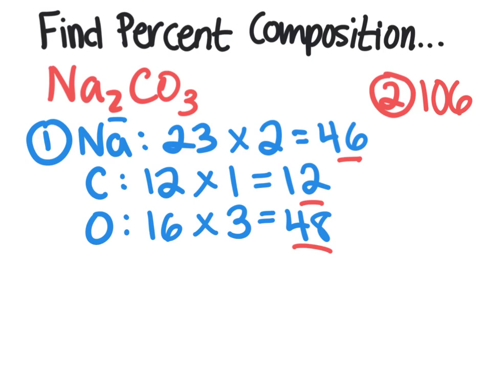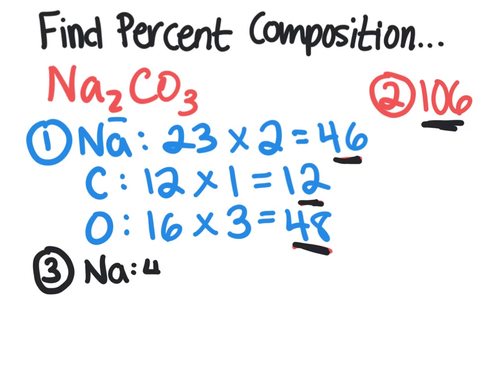And the last step is where we do part over whole times 100. The part is coming from the 3 numbers we found here. The whole is 106. And then we will always multiply by 100 to get a percentage. So for Na, we do 46 divided by 106 times 100.